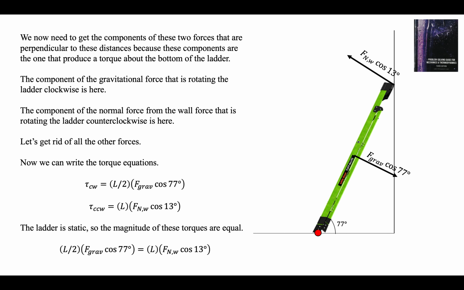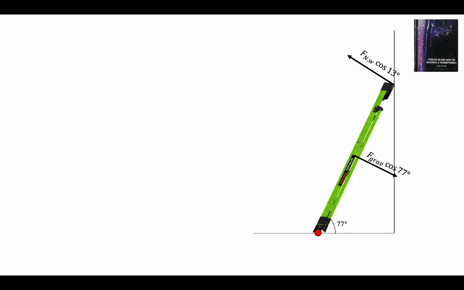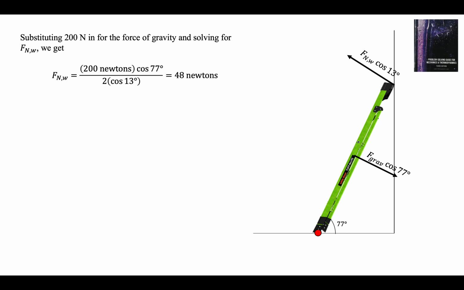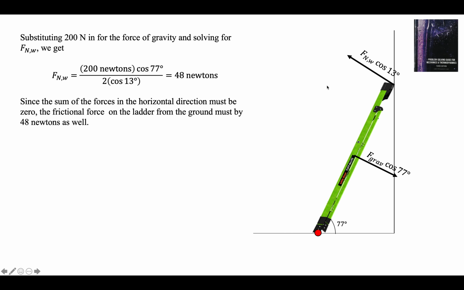So we set the clockwise torque equal to the counterclockwise torque, and we can solve once we put in 200 newtons for F gravity, and we get 48 newtons. So F normal from the wall, straight out, is 48 newtons. This also means, incidentally, that the frictional force must be 48 newtons this way, because the sum of the forces in the x direction is 0.